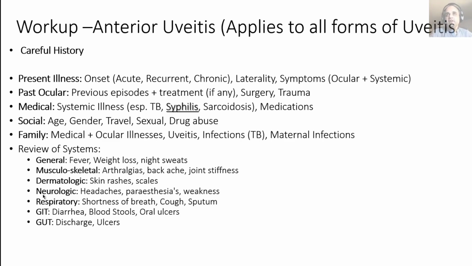Neurologic is something that can be because of sarcoidosis acting on the central nervous system, or even syphilis. Respiratory is sarcoidosis because it can cause shortness of breath and a cough. GIT is basically inflammatory bowel disease. Genitourinary can be Behcet's disease, or Reiter's syndrome.